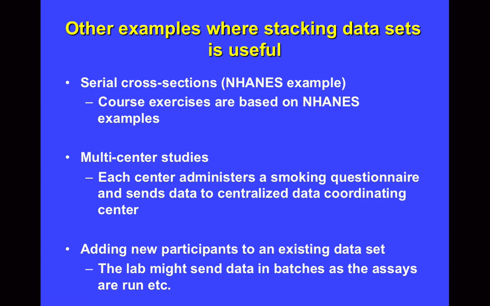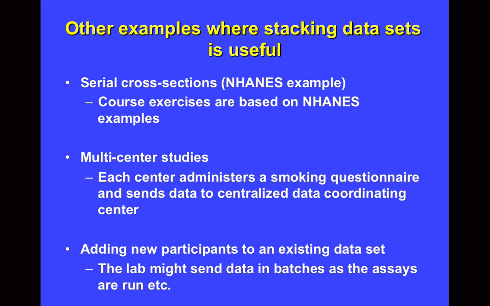So this type of approach is necessary in multiple settings. I talked about the multi-center type setting. Another situation where you would use this approach is when studies have serial cross-sections. So for example, NHANES, the continuous NHANES, is designed so that every 2 years the government goes out and enrolls about 10,000 participants, and each survey cycle or each cross-section enrolls different study participants.